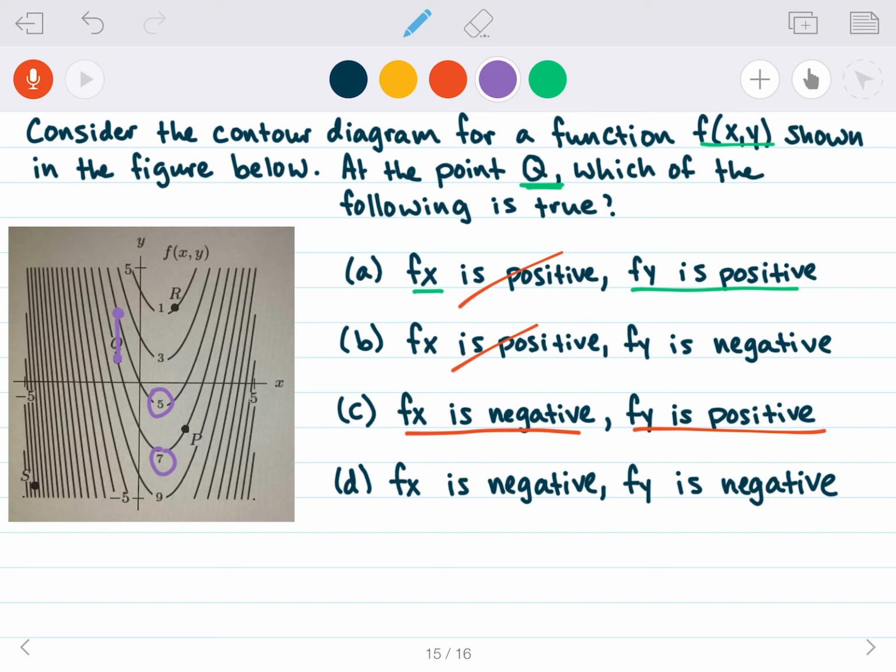Again, I'm decreasing in z when I increase in y, so that's not true. f of y is negative, and the partial derivative with respect to x is negative too, so choice D is our answer right there.